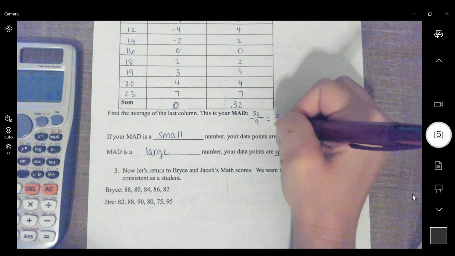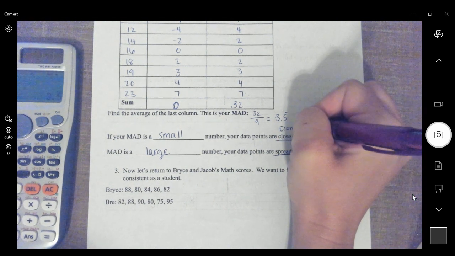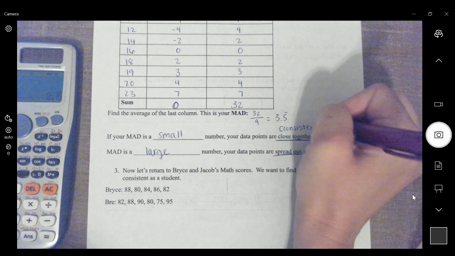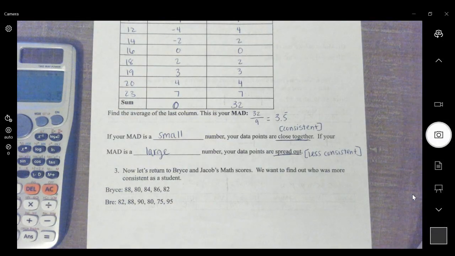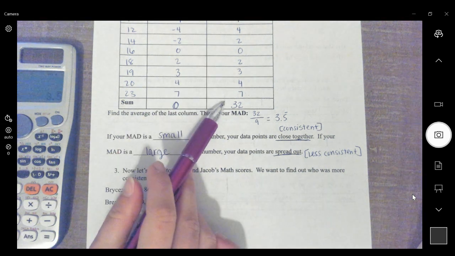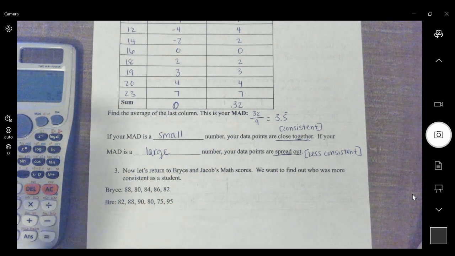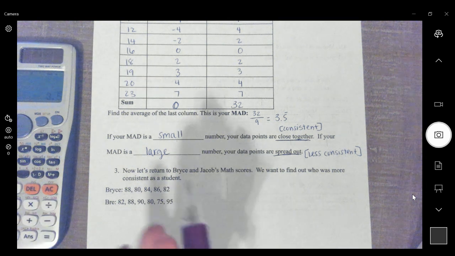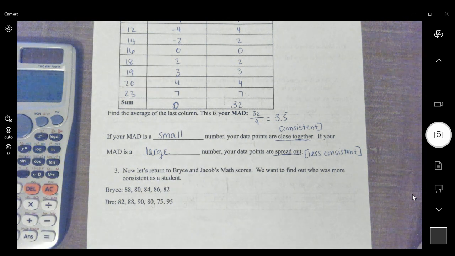If it's close together, we call those consistent, because your numbers are kind of doing the same thing every time. So that's not only how to find it, but you need to recognize what it represents. Bigger numbers means more spread out because they're further from the mean. Smaller numbers means they're more consistent, they're closer to the mean, they're kind of clustered all around the same spot.